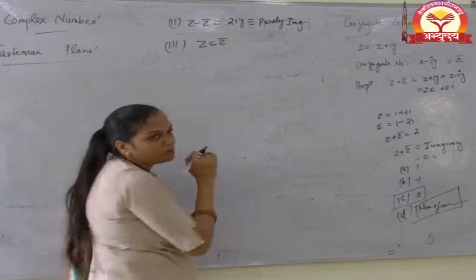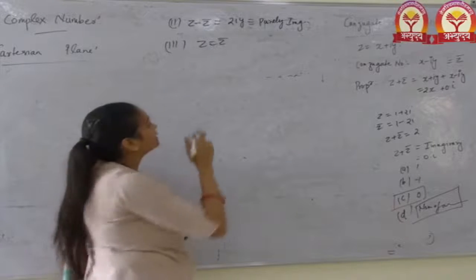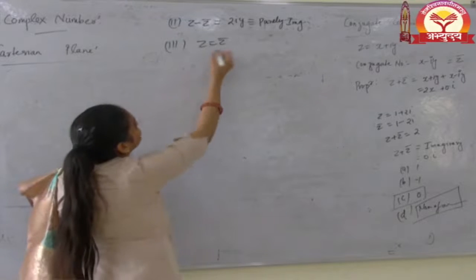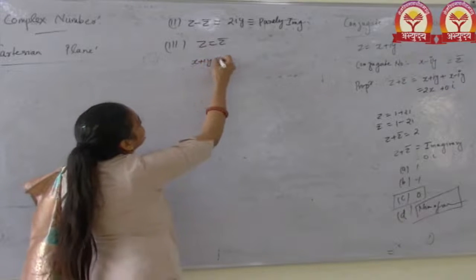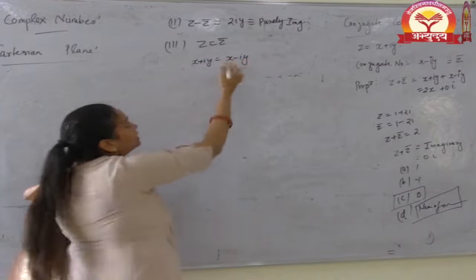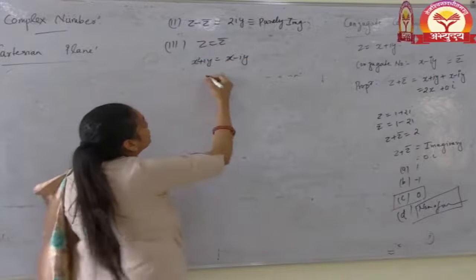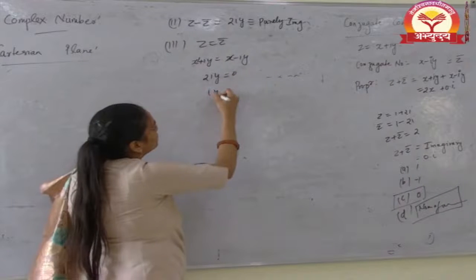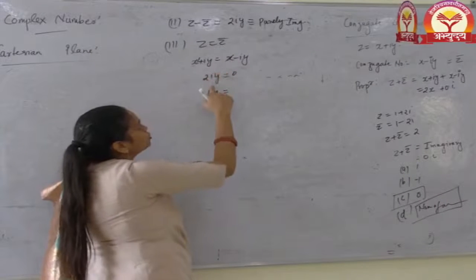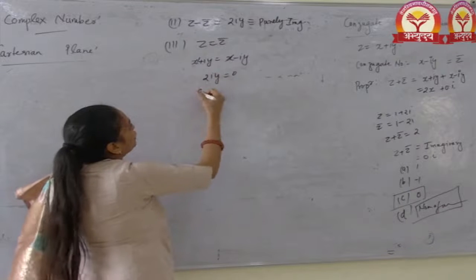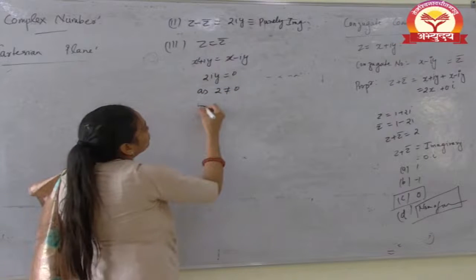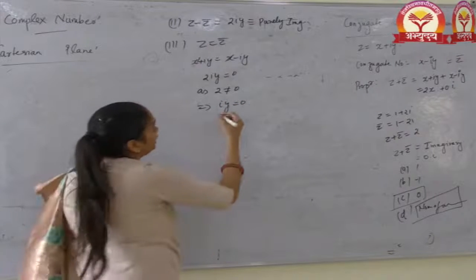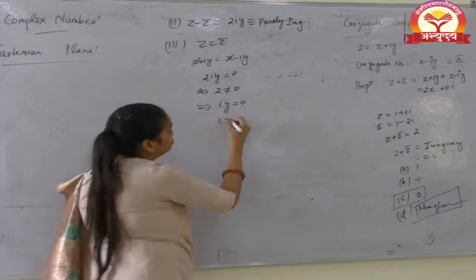z इज इक्वल टू z बार होगा, तो in that case, that means x plus iy is equal to x minus iy. In that case you have to cut this one. 2iy is equal to 0. क्या क्या पॉसिबिलिटी हो सकती है? तो i into y is equal to 0, because 2 is not equal to 0. यहाँ पे आप देखो, as 2 not equal to 0, this means iy is equal to 0. अब i is also not equals to 0.